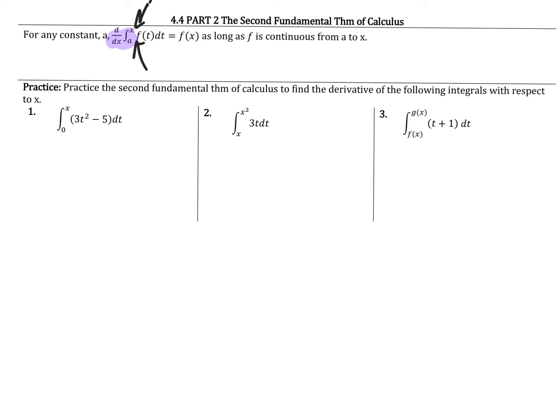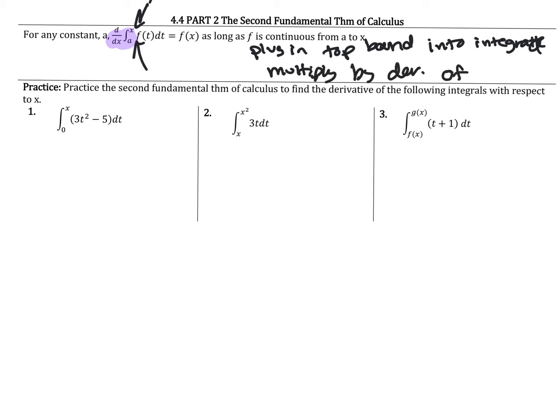We plug the top bound into the integrand, not into the antiderivative, because we're taking the derivative of the integral, which means we're not interested in finding the antiderivative, we're interested in evaluating the derivative of the antiderivative. So you plug in the top bound into the integrand, then multiply that by the derivative of what you plugged in.